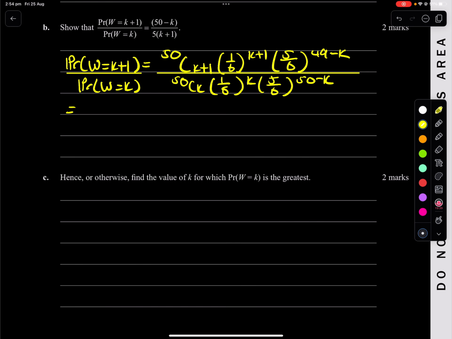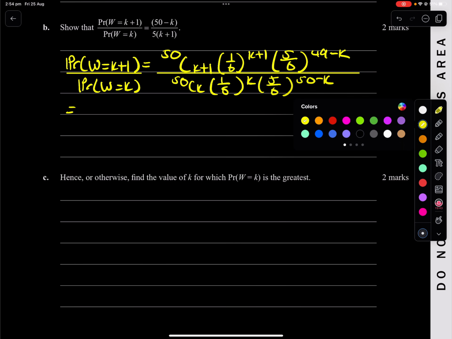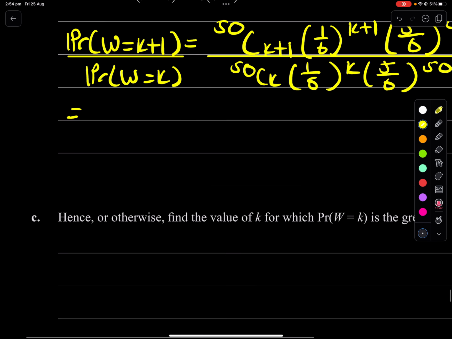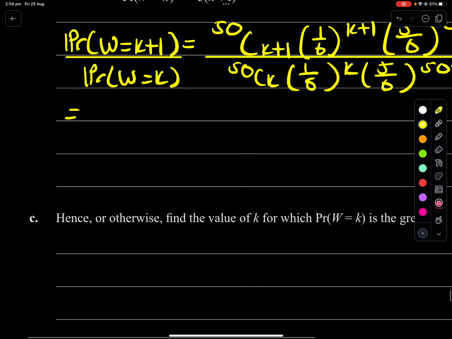Okay, so we're saying, oh my god, it's actually a lot. Let me just make this less small so I can, okay, let me make my ink. Okay, so 50 choose k plus 1 is what? So it would be 50 factorial all over k plus 1 factorial, and then 50 minus, so what's 50 minus k minus 1?